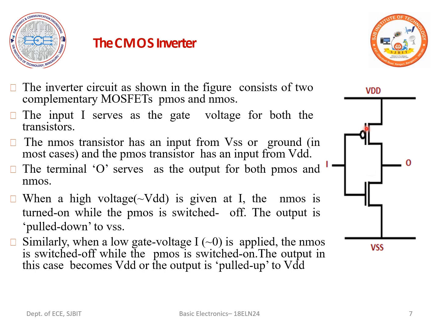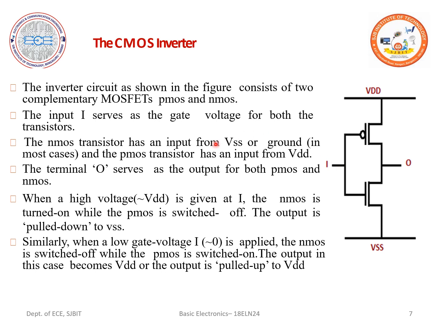So when you look into the inverter circuit, it consists of two complementary MOSFETs, PMOS and NMOS. The gates of the NMOS and the PMOS are shorted together and the input is given to the gate terminal.